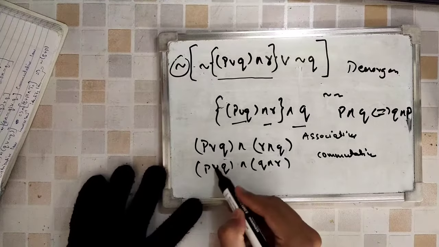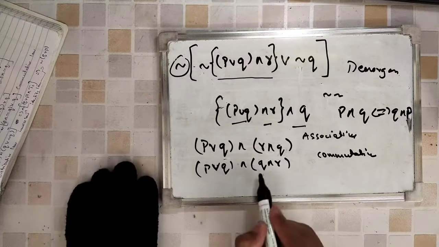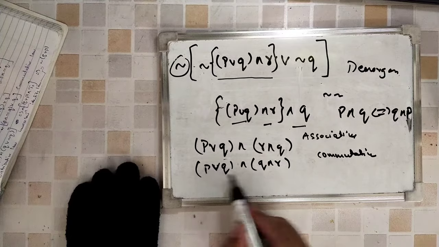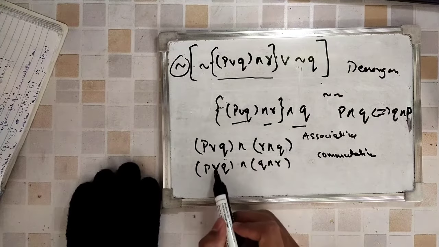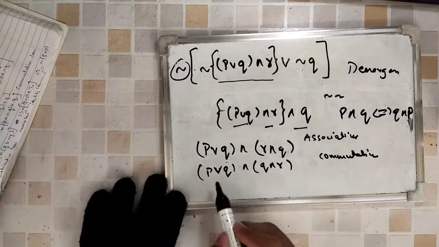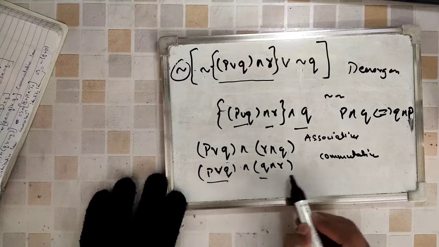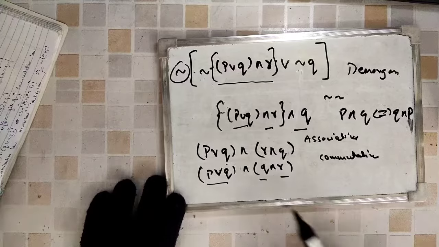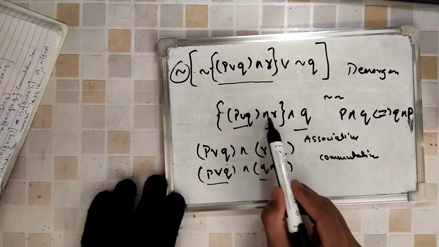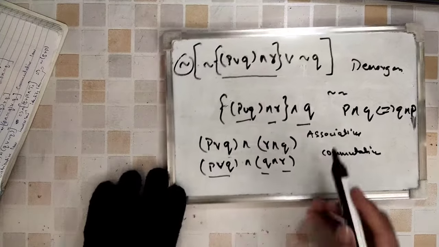Now you will be like, what shall I do here? We cannot apply a distributive law, since here and is there and here or is there. So again you can do one thing. This is one term, this is one term. We took the Q out, so I can send this Q again inside now.